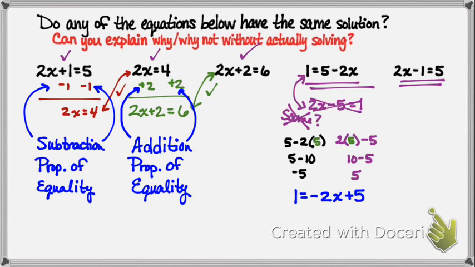Look at your sheet. See if you can figure out what property. What property lets me move those pieces as long as I take the signs with them? It's not necessarily a property of equality because we didn't do things on both sides.